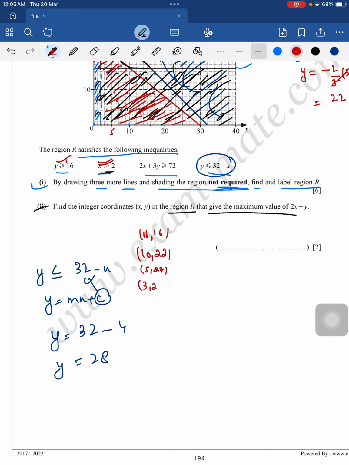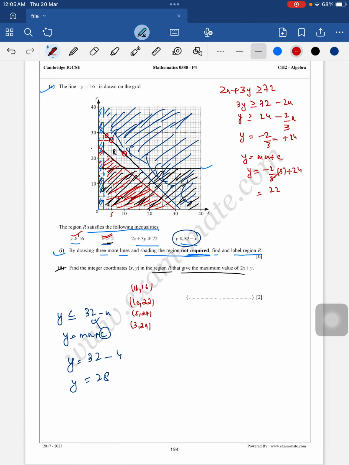And the function in which we have to put these is 2x plus y, right? So if I put 16, 16, we have 2 into 16 is 32 plus 16. We have 2 into 10 is 20 plus 22. We have 2 into 5 is 10 plus 27.